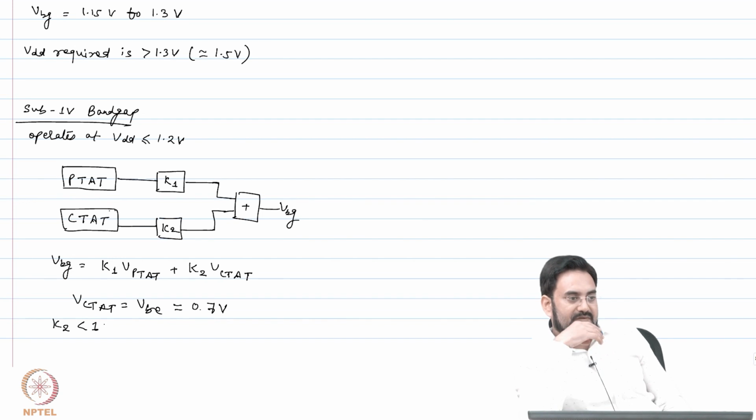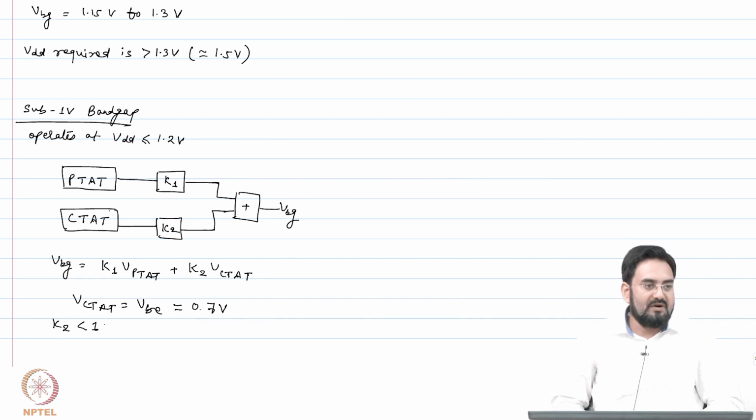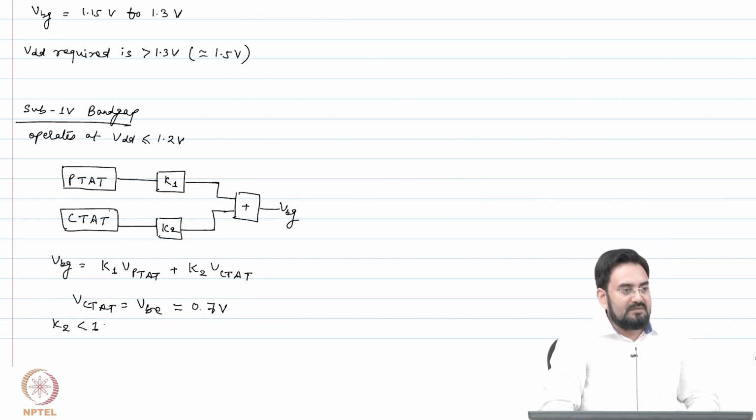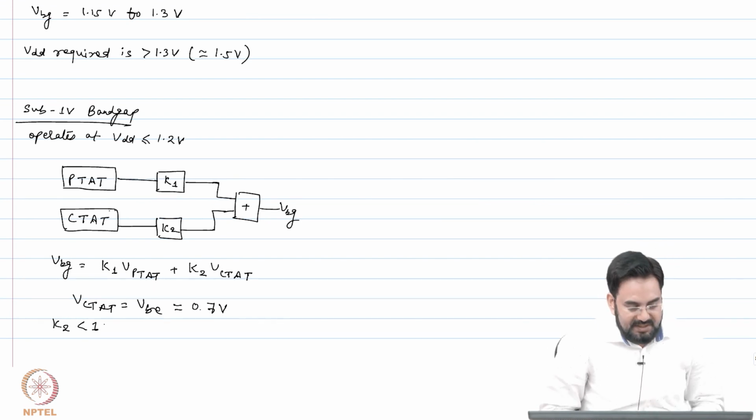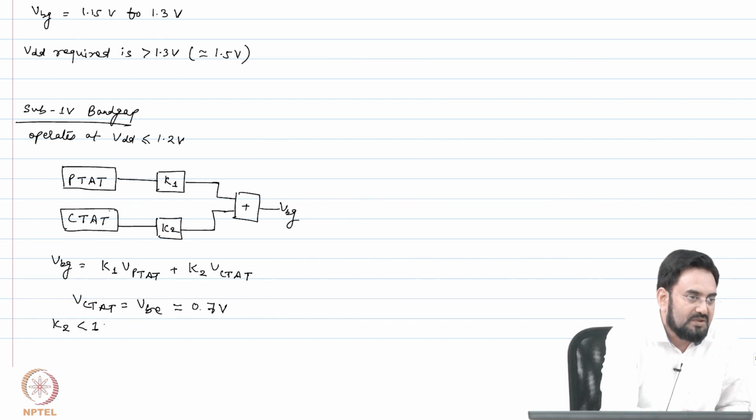Then everything, the PTAT was added with 0.7 volt, now it will be added with 0.35 volt. So, obviously, this voltage will be much lower compared to 1.2 volt, and you can get the band gap voltage which is below 1 volt, which can operate at VDD less than 1.2 volt or so.